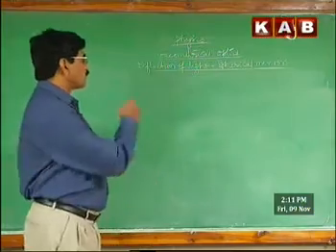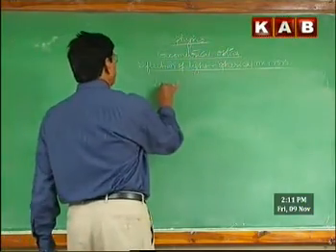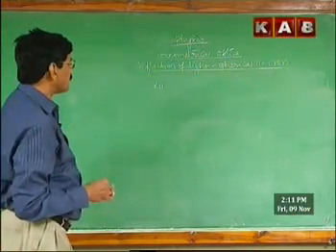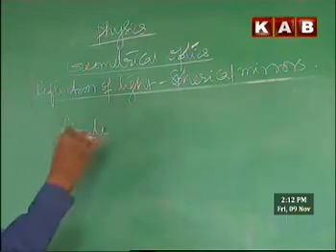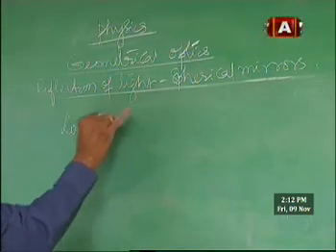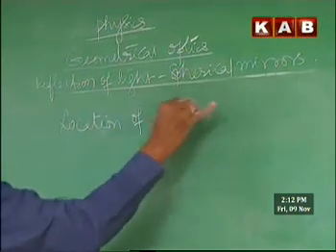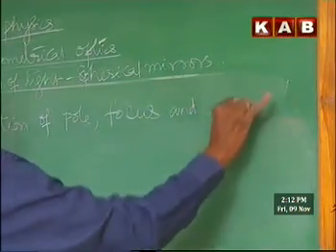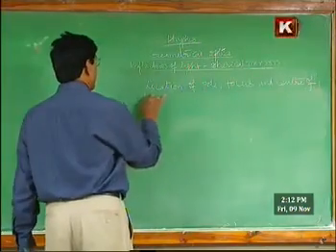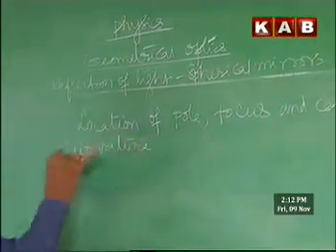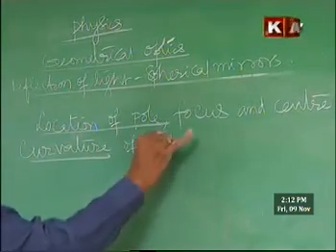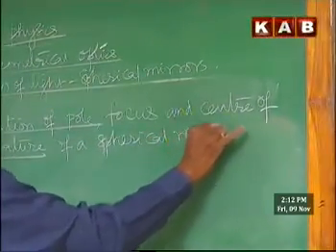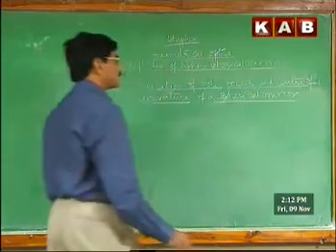They may ask you to locate the pole, focus and center of curvature of a spherical mirror when image and object locations are given.